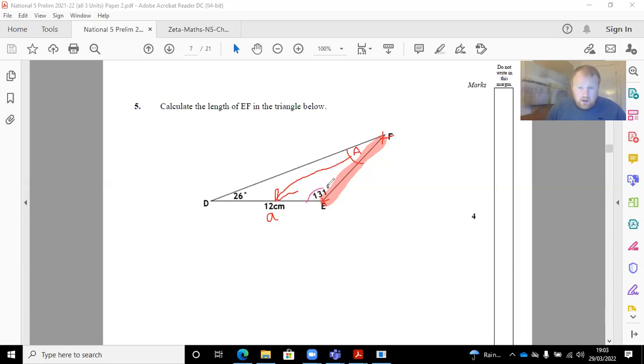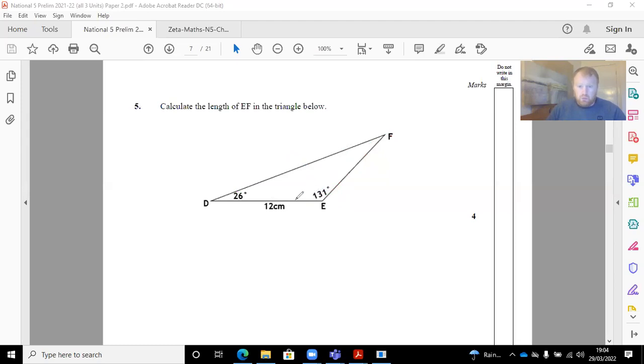That angle, 131, if that's angle capital B, then that side there is B. 26, if we call that angle C, then the opposite side to that, EF, is side C. So your matching pair is your angle and your opposite side. Now that is quite messy, so let me clear that.